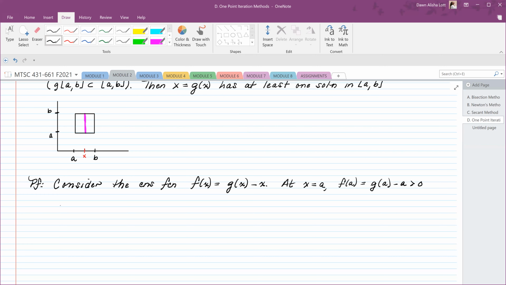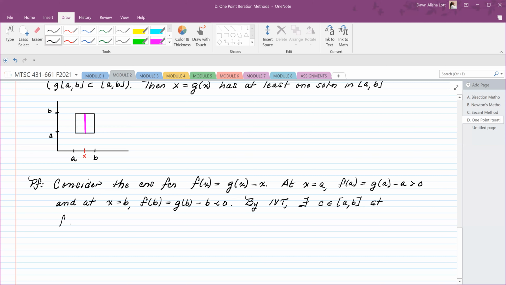And at x equals b, f of b is equal to g of b minus b, and I know that's less than 0. So by the intermediate value theorem, there exists a c inside the interval [a, b] such that f of c is equal to 0.